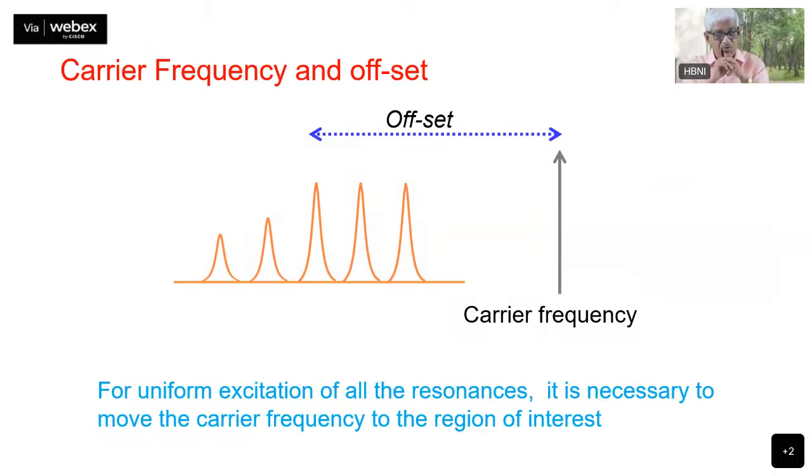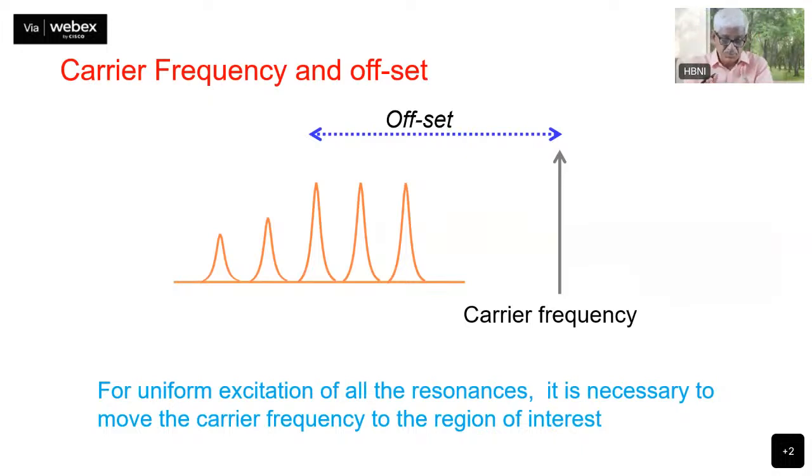Now the consequence of what we said earlier shows up here. Where should I put the carrier frequency? Carrier means whatever is the spectrometer frequency which is going to be used for exciting your magnetization, exciting all your spins. Let us say you have a 600 megahertz spectrometer.